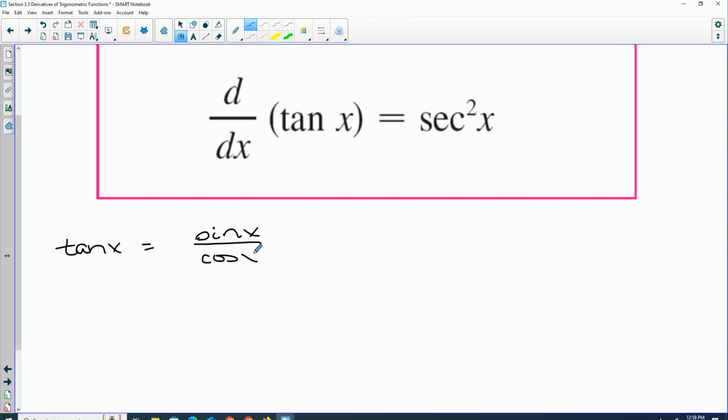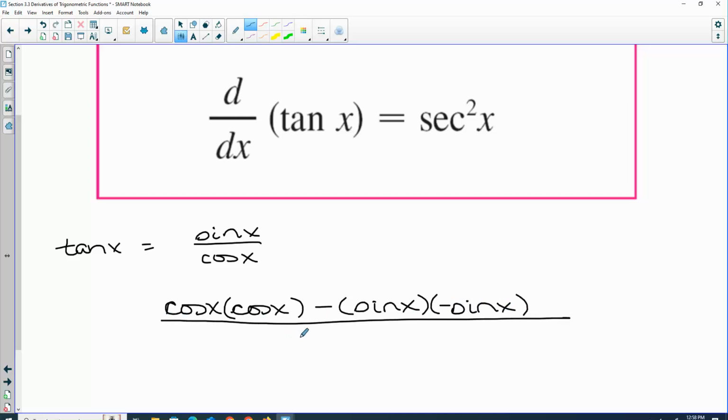So can we do quotient rule? Low d high, what's the derivative of the top? Cosine. Minus high d low, derivative of cosine. Over low squared.